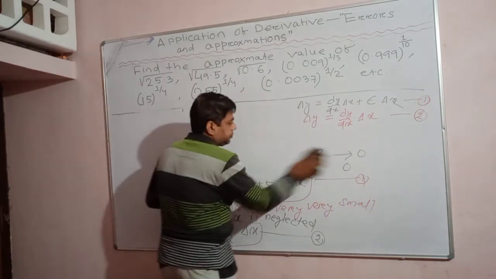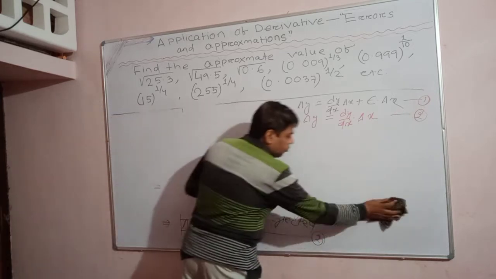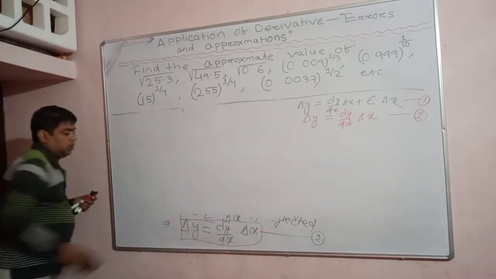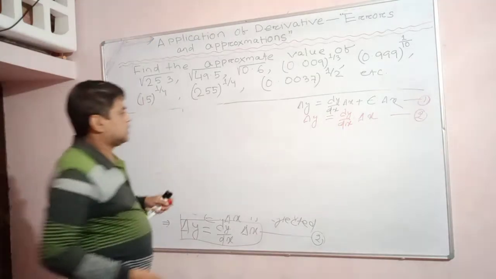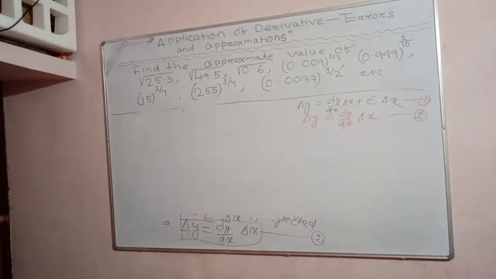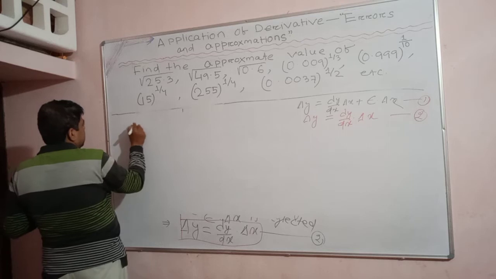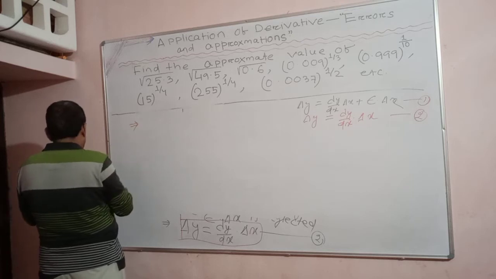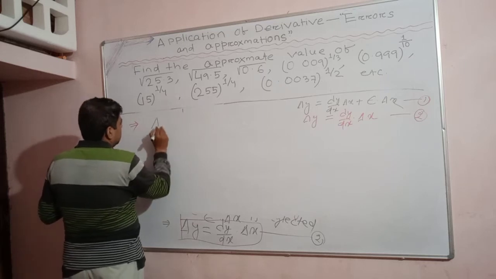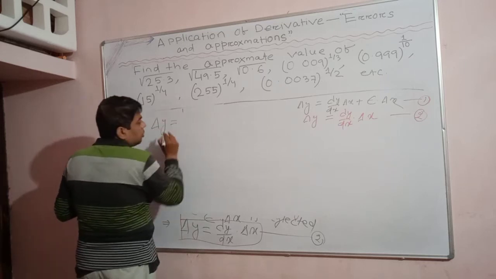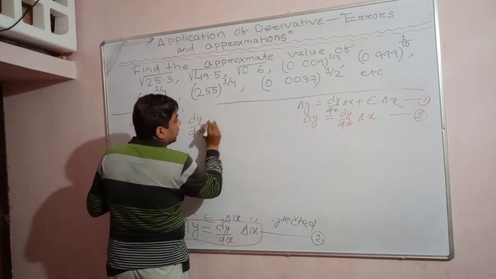Now let's see. Del y is equal to dy by dx into del x. So now you write down del y is equal to dy by dx into del x.